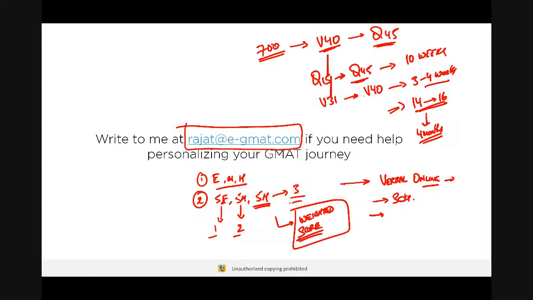What matters is what your ending score is. Another thing that doesn't matter is how long it takes you to get to that 740, 730, or 700 score. Why? Because in the end, a 700 score is a 700 score. Anyone who gets it in 2 weeks gets the same credit as someone who gets it in 2 months or 6 months. So your starting score only means that you need to be willing to put in more effort. That's all there is to it.